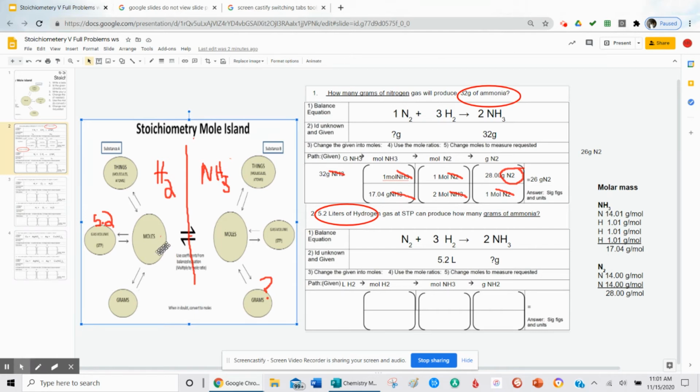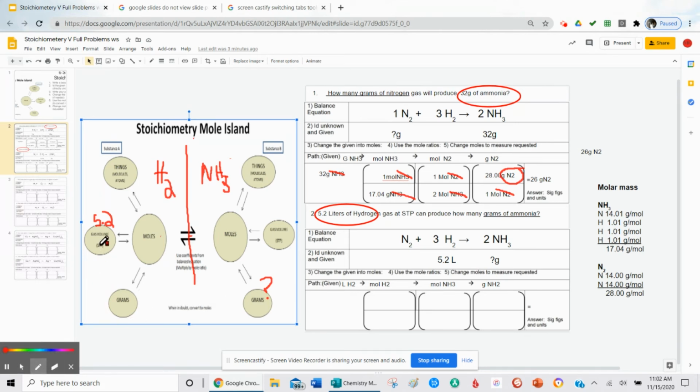So I've remade this map, and we are given hydrogen gas, and we want to find ammonia gas, but we're starting on a new island. We are starting at gas volume at standard temperature and pressure. So we were given 5.2 liters of hydrogen gas, and we need to find grams of ammonia gas. So let's find our path.